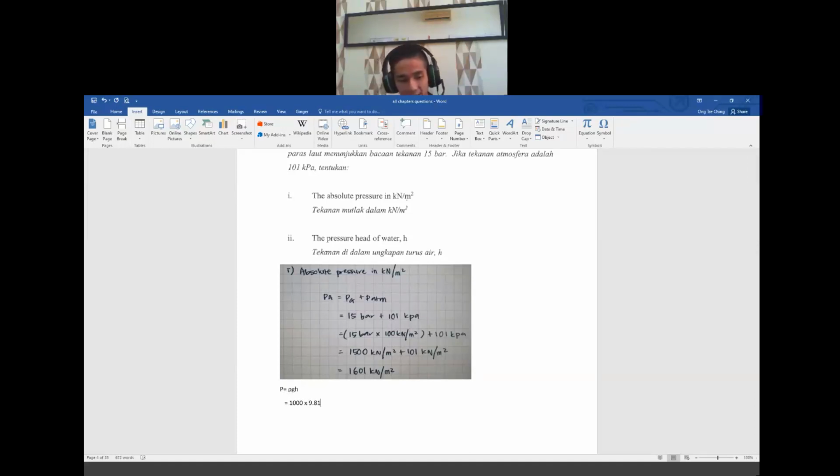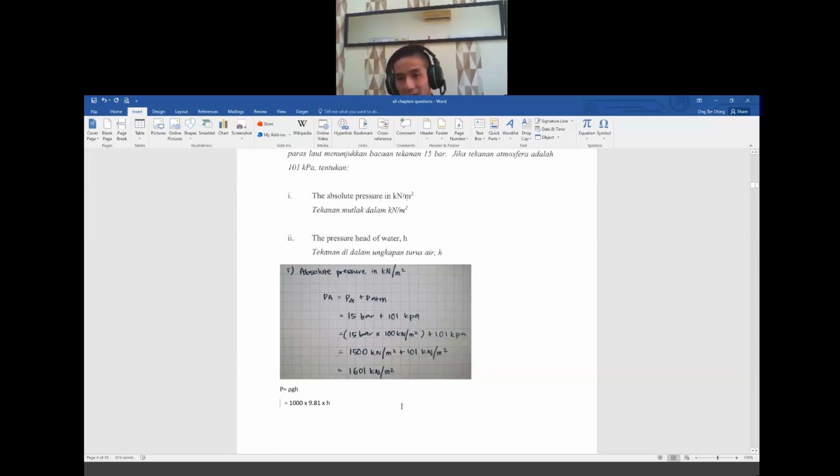Very clear, right? Then they give you the depth value here. So over here, which pressure are you going to select? Is it PA, PG, or P atmosphere? PA, absolute pressure. Okay.